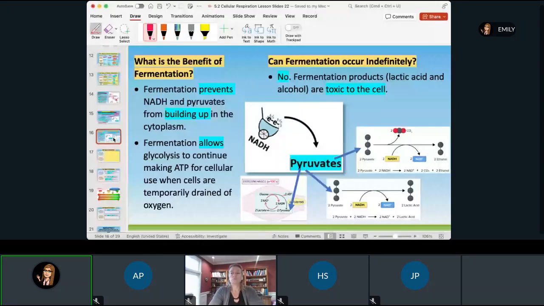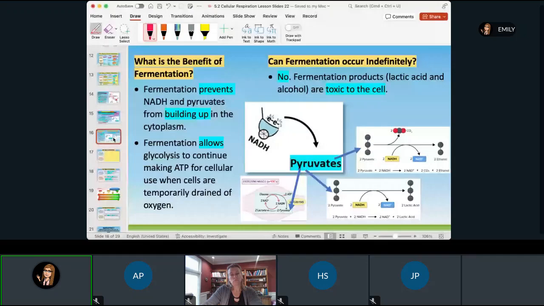So fermentation uses up that NADH and it breaks down the pyruvates, which allows glycolysis to continue happening. So at least you're getting a couple of ATP. Okay.